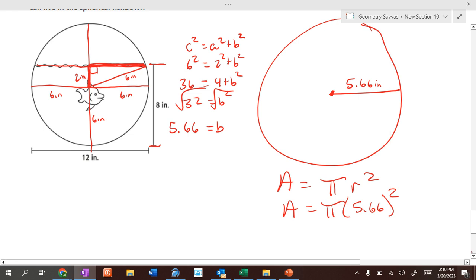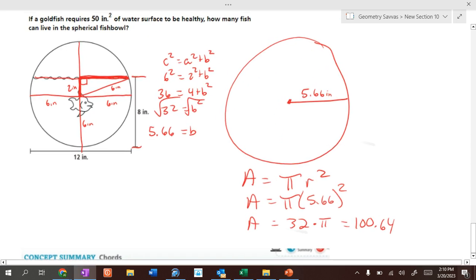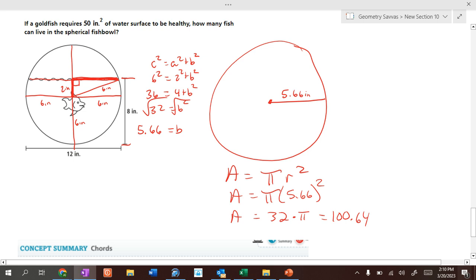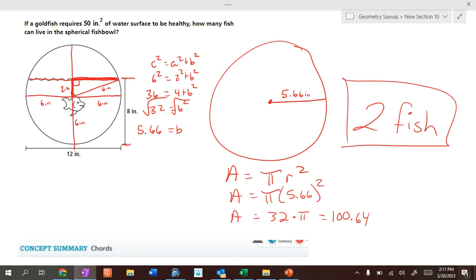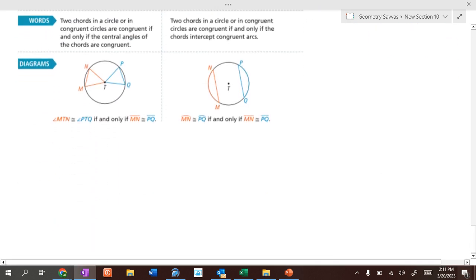So 5.66 squared is like 32. 32 times pi is 100 point what? 100.64? So if it's 100.64, how many fish can safely live in that water? Two fish. One fish, two fish. Red fish, blue fish, right? Little Dr. Seuss for you. Okay, so two fish can live in that bowl with the surface area of the water.